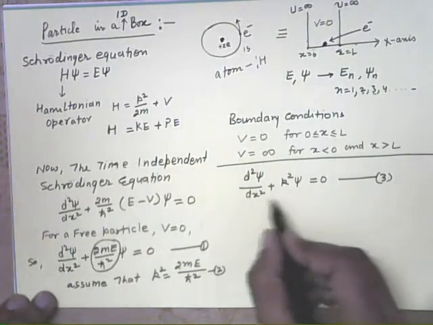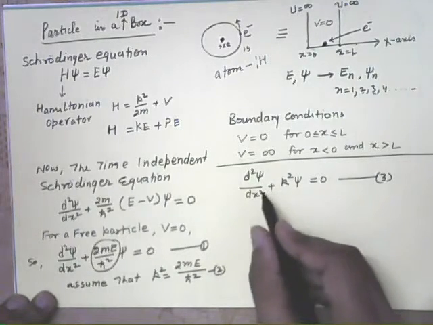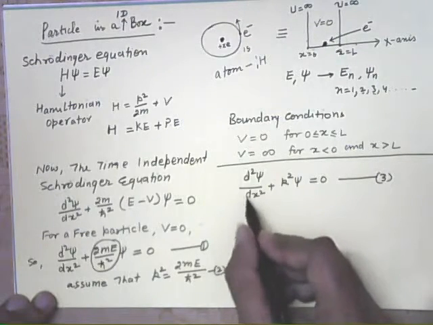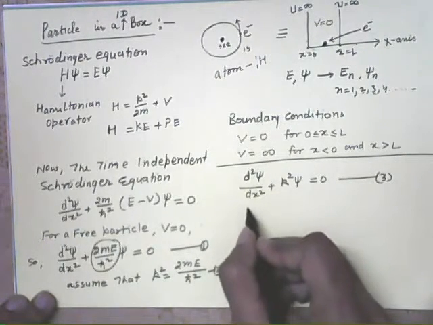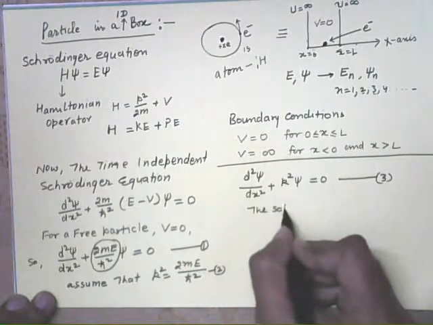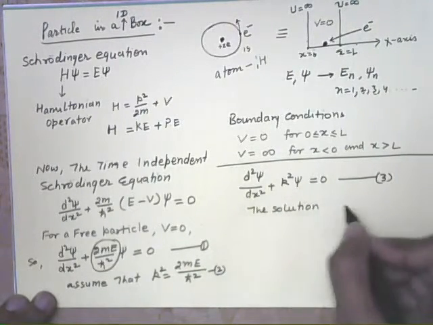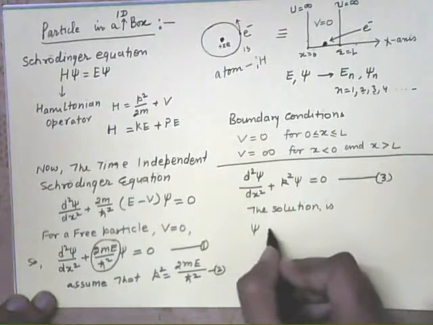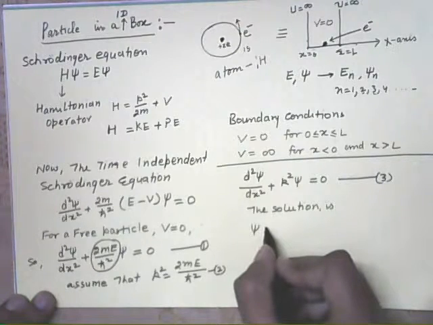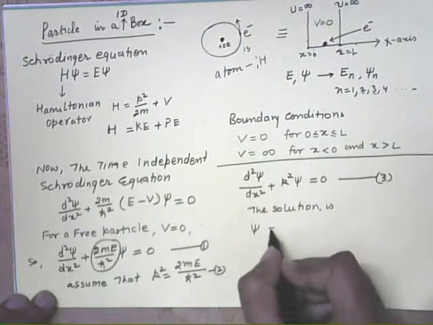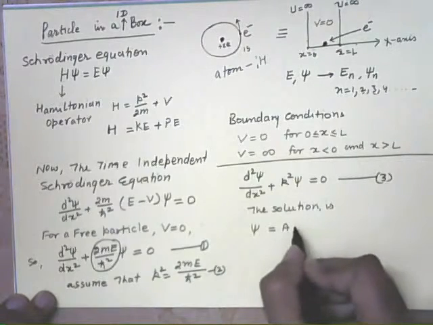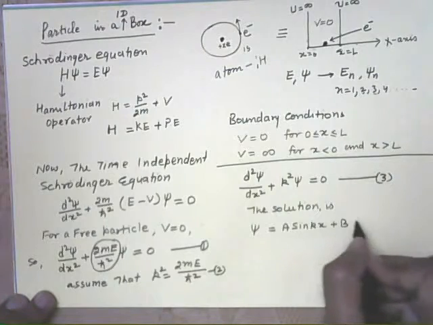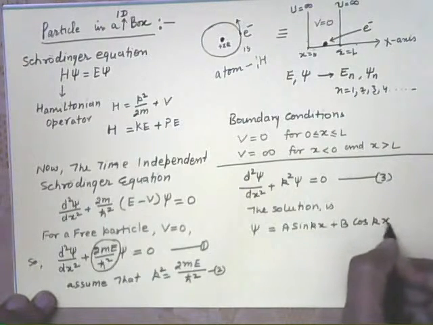So now we have to find the solution of this second order differential equation, and we can assume the solution is, suppose, ψ(x), psi as a function of x, is equal to A sin kx + B cos kx.